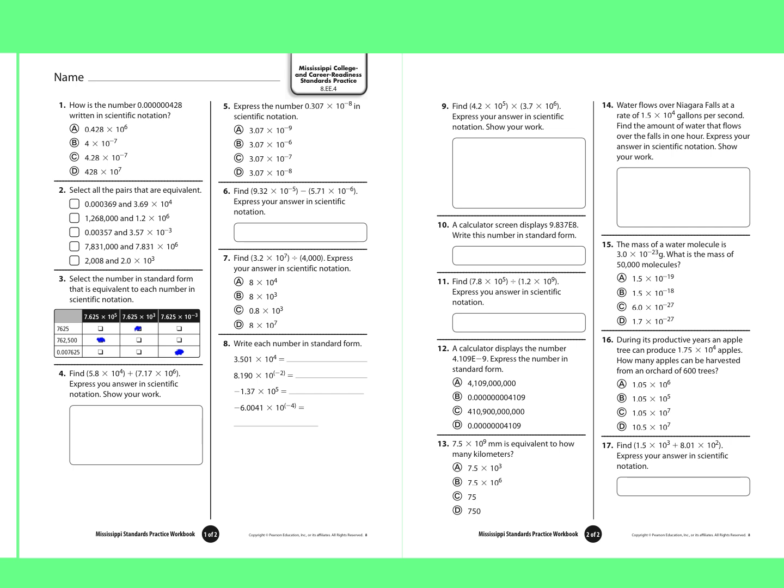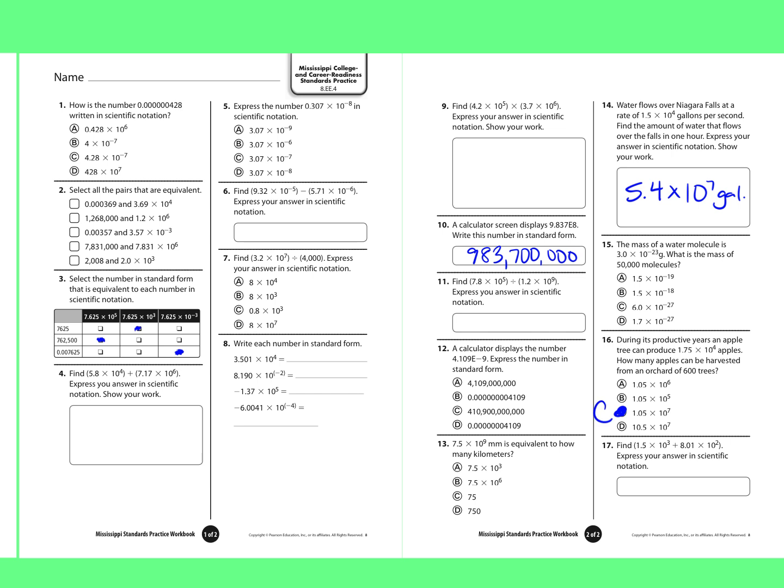Number 10 is, in standard form, 983,700,000. Number 14 is 5.4 times 10 to the 7th gallons. And then number 16 is choice C.